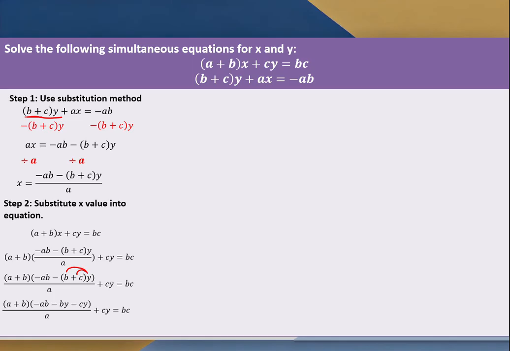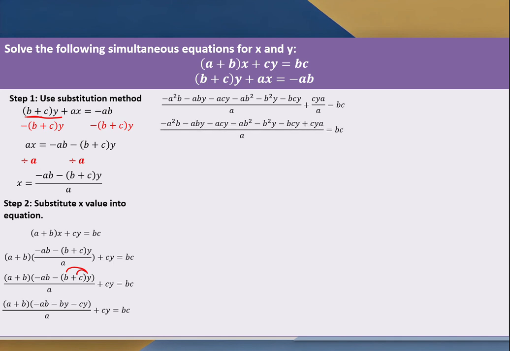The next step that I like to do is I would like one fraction. So that means this cy here, I'm going to turn into cya over a, because times the top and the bottom by the same amount, but it means it's going to be one fraction. So I can make it one fraction.